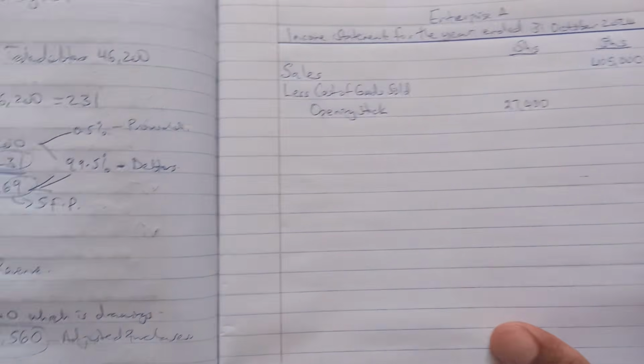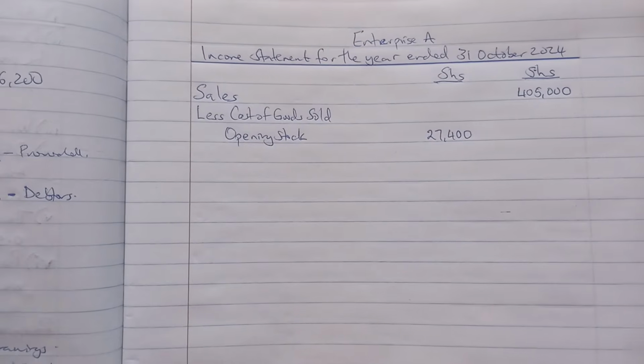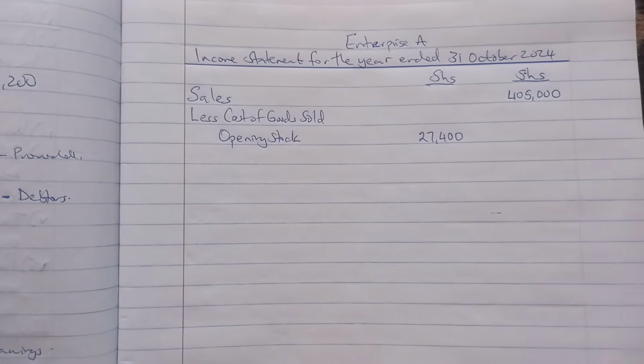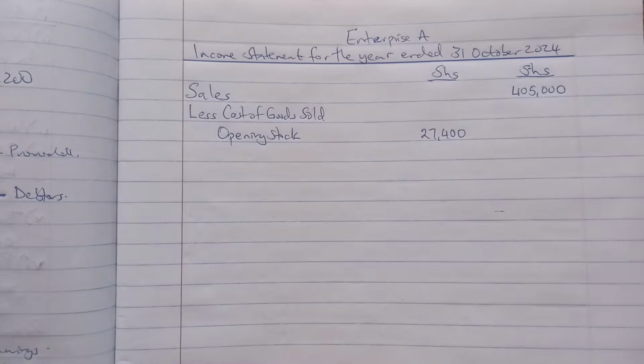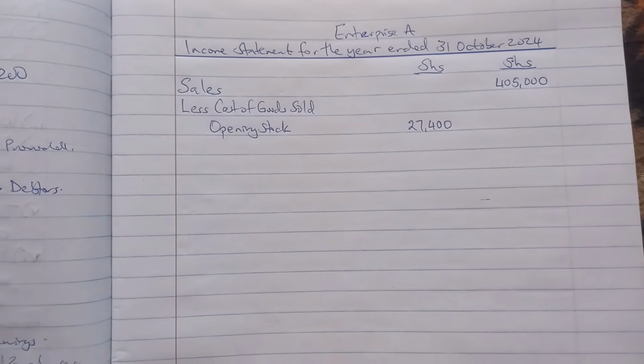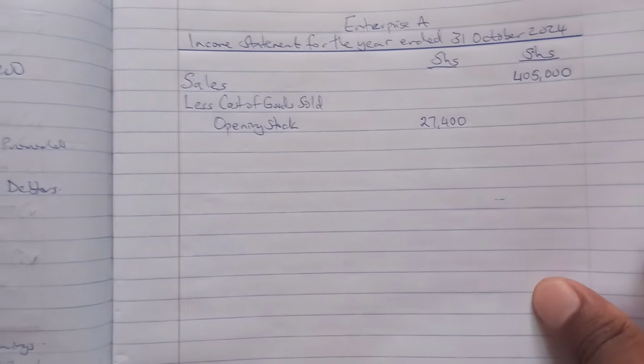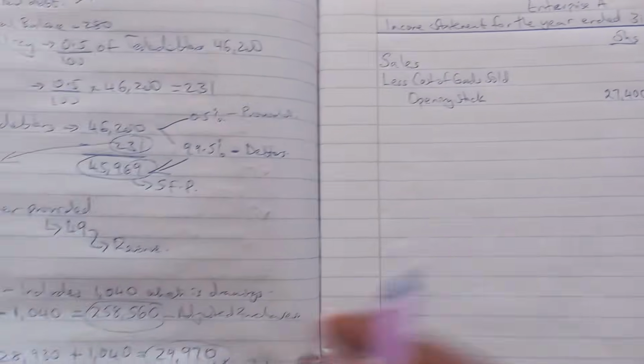27,400. So that is why I told you at the beginning of this video that it is essential to know the date of the books of accounts so that you don't confuse yourself. So after opening stock, we go to purchases.